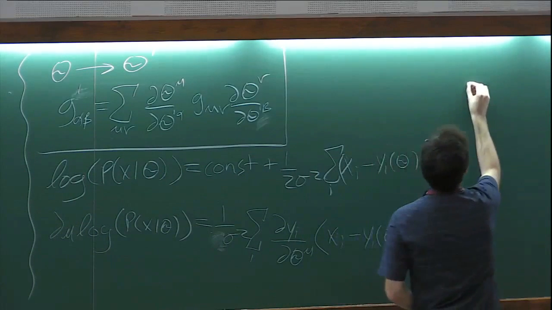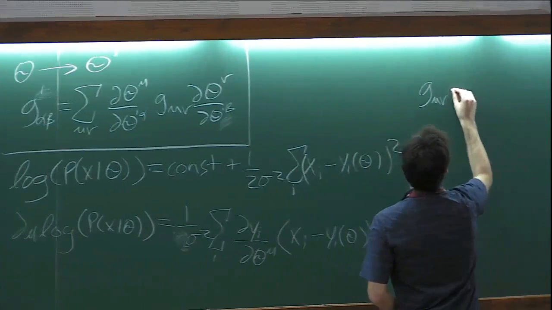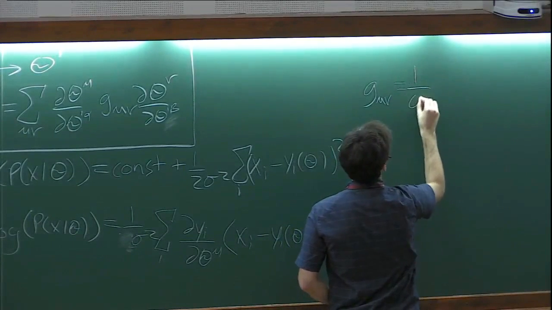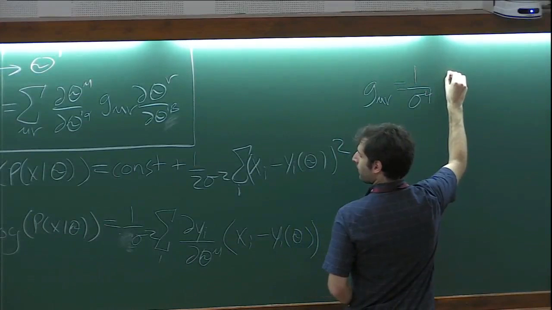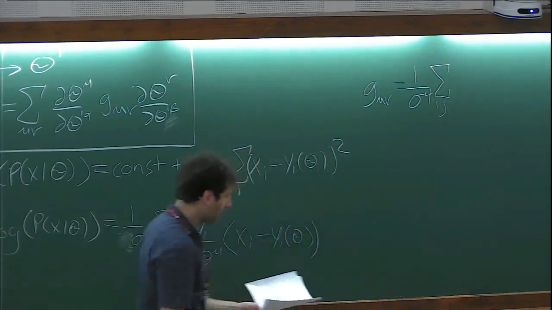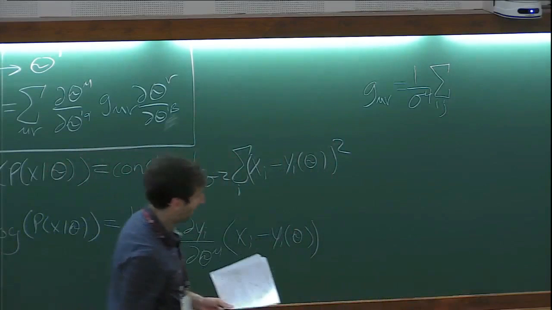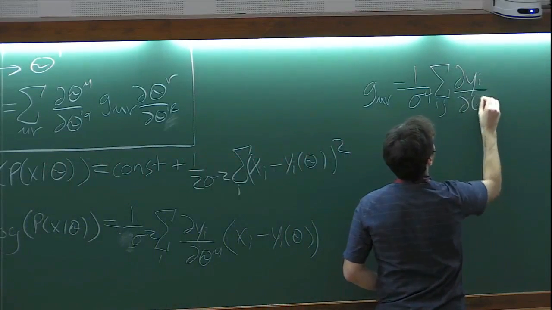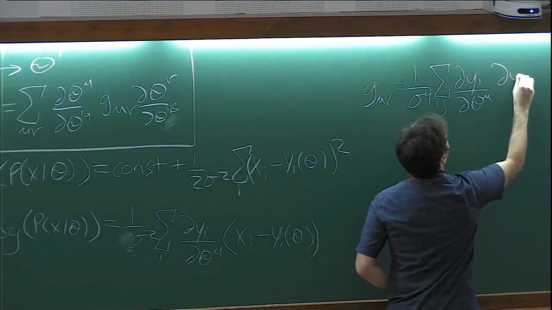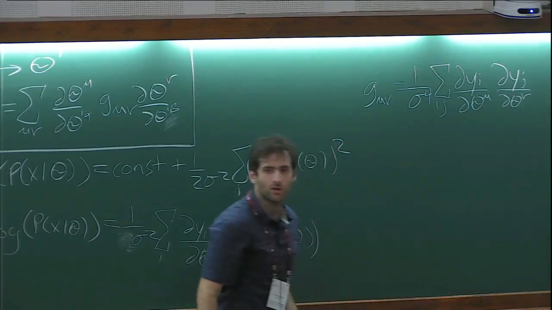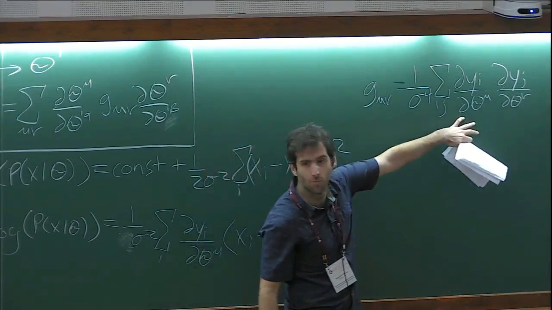G mu nu is going to be equal to 1 over sigma to the 4th, sum over i and j. And now we have dyi d theta mu, dyj d theta nu. So remember, this is the Jacobian.